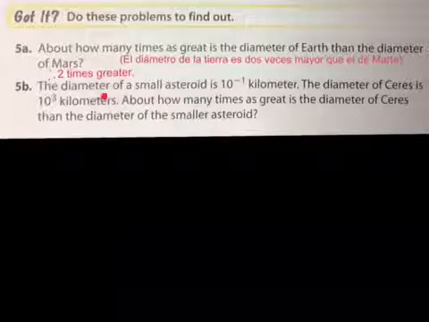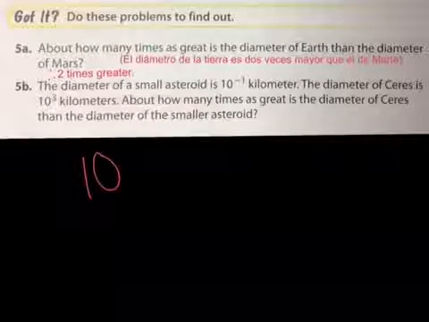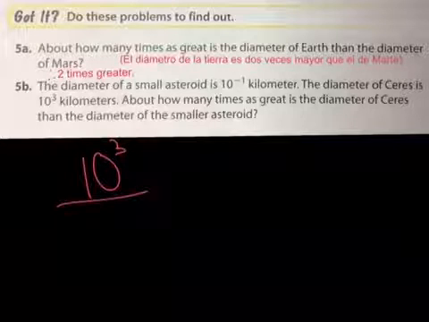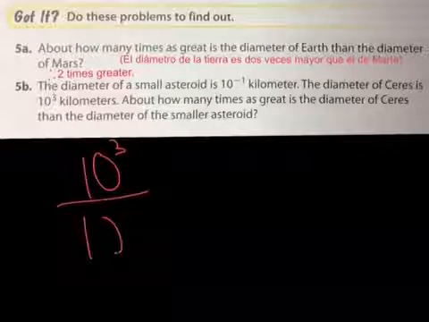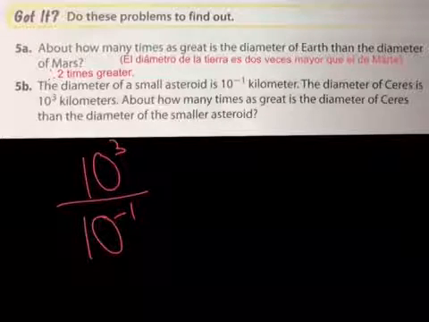5b. The diameter of a small asteroid is 10 to the power of negative 1 kilometers. The diameter of Ceres is 10 to the power of 3 kilometers. About how many times as great is the diameter of Ceres than the diameter of the small asteroid? So again, we take the larger amount, Ceres, 10 to the power of 3, and we divide it by the smaller amount, 10 to the power of negative 1, so that we can figure out how many of these are in here, and that's our answer.